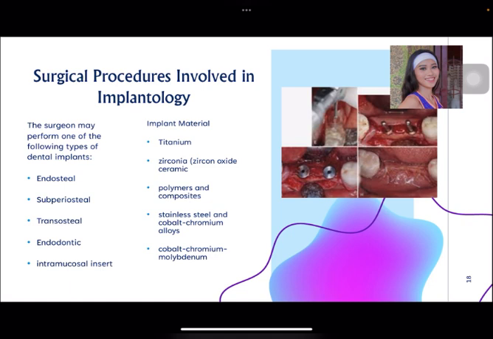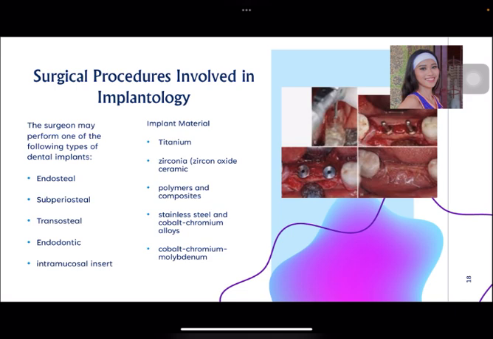These are the implant materials. When it comes to dental implants, the materials commonly used include titanium, zirconia, polymers and composite, stainless steel, and cobalt chromium alloys, cobalt chromium molybdenum.